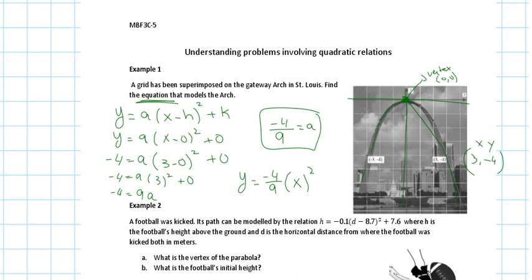So my final equation is y equals negative 4 over 9 x squared. Are we okay with that? Any questions about this? All right.